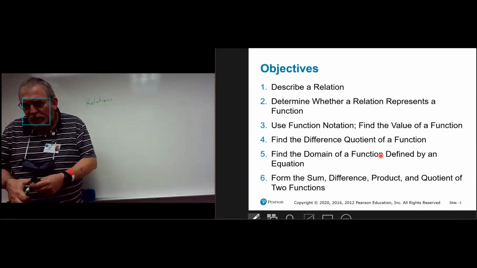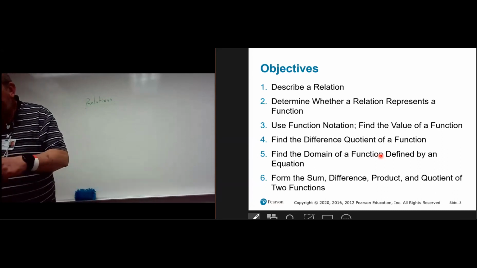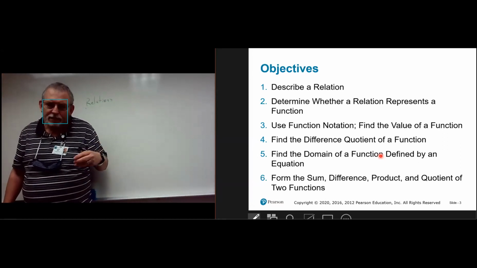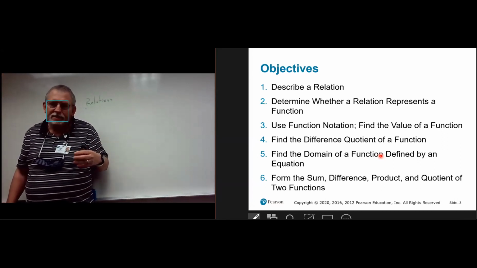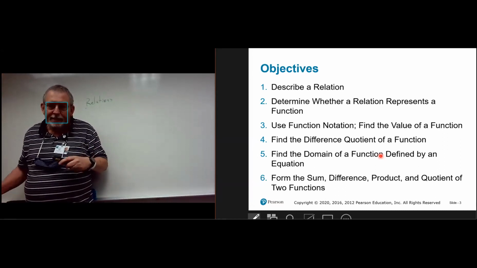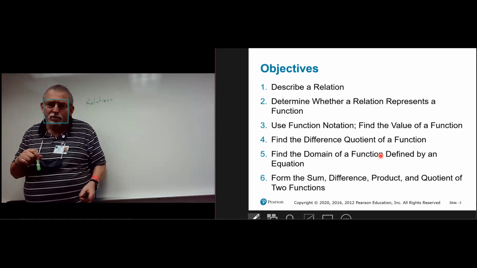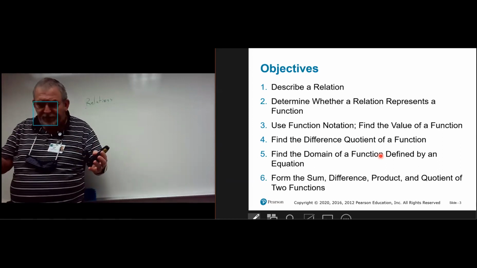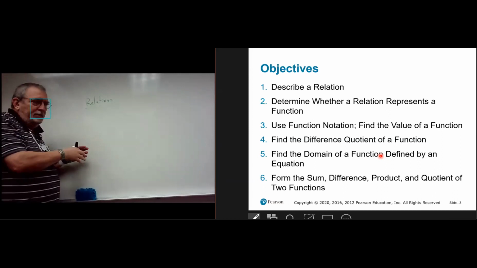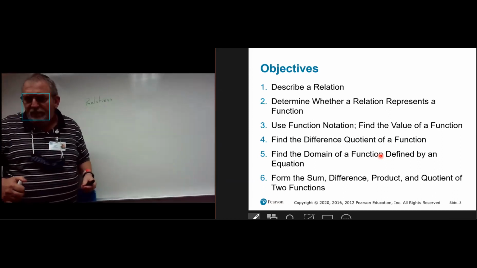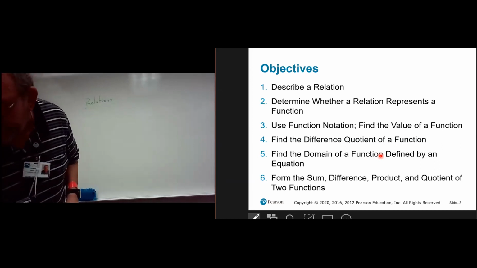And then we're going to talk about the difference quotient of a function. The difference quotient has more meaning to it once you get to calculus. Now, for this class, the difference quotient is more or less an aside, but it also deals with finding the value of a function.